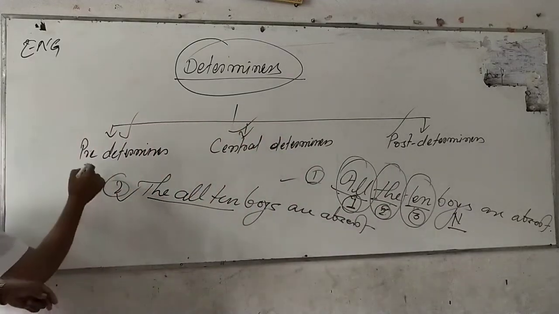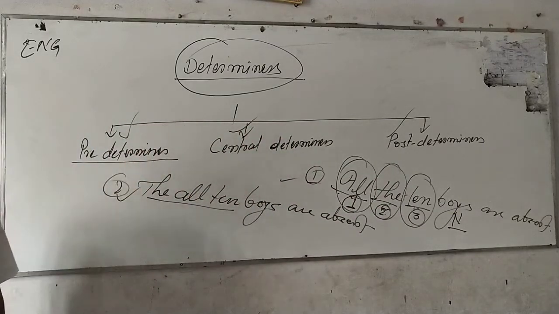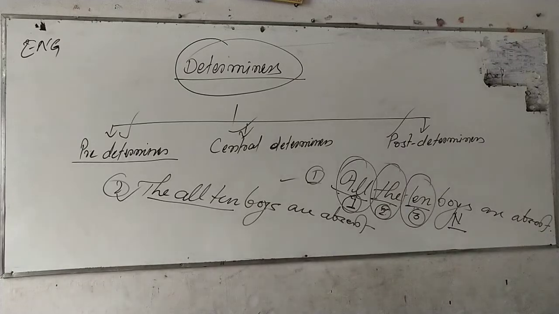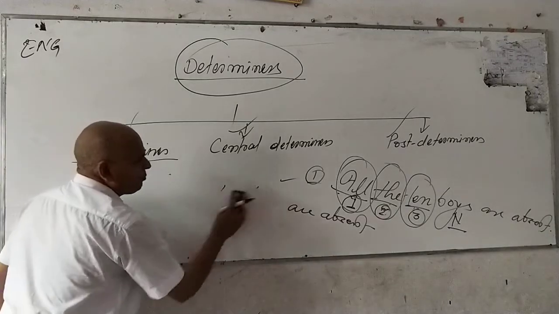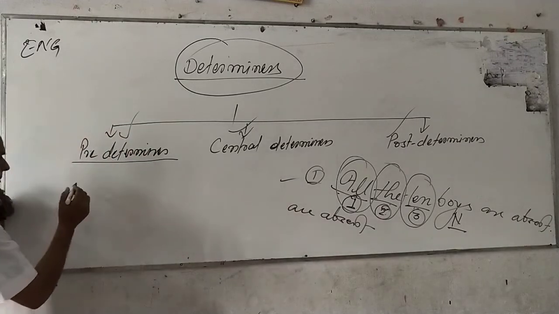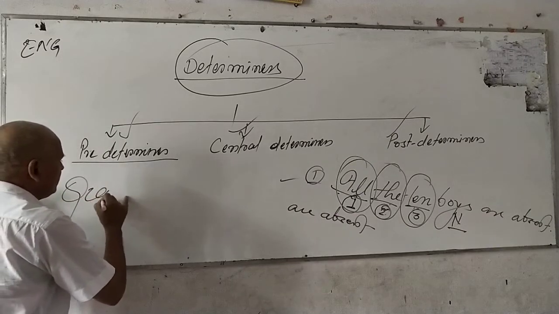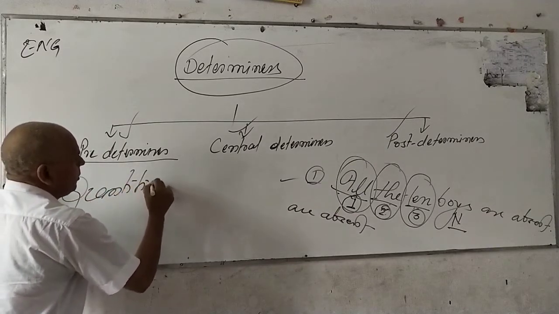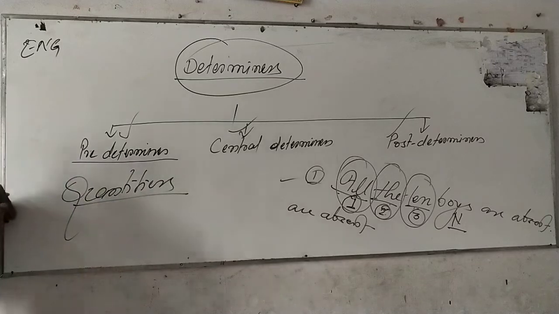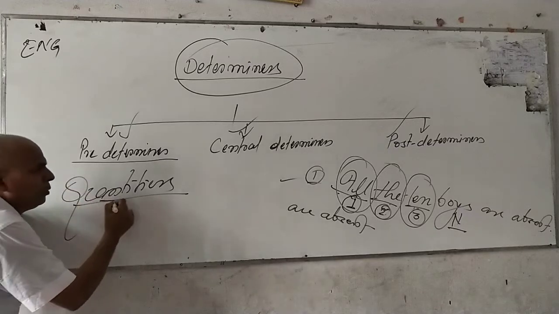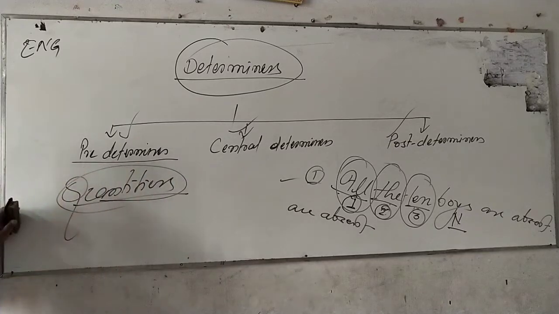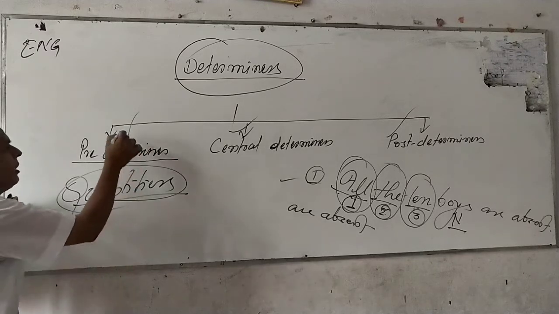Under the category of predeterminers come all quantifiers. All those determiners that tell the quantity are quantifiers, and they are predeterminers.